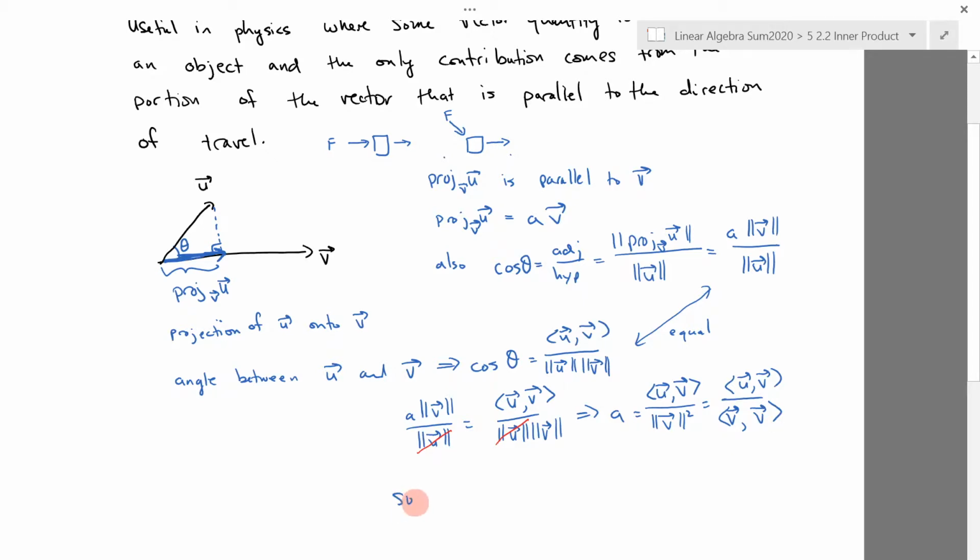So the projection of u onto v is this a times the vector v.